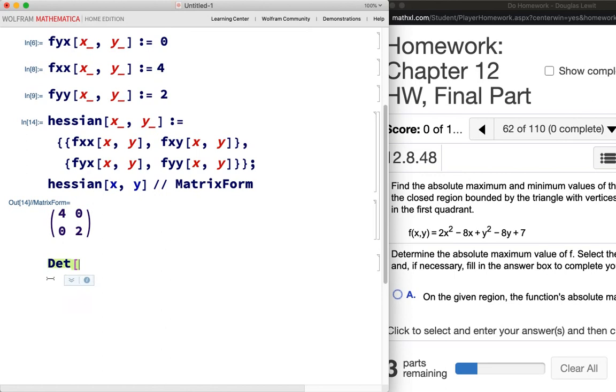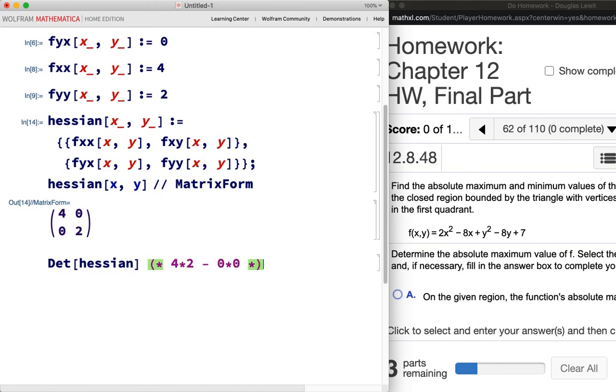The determinant of the Hessian matrix is going to be 4 times 2 is 8, minus 0 times 0. So this is going to be 4 times 2 minus 0 times 0.